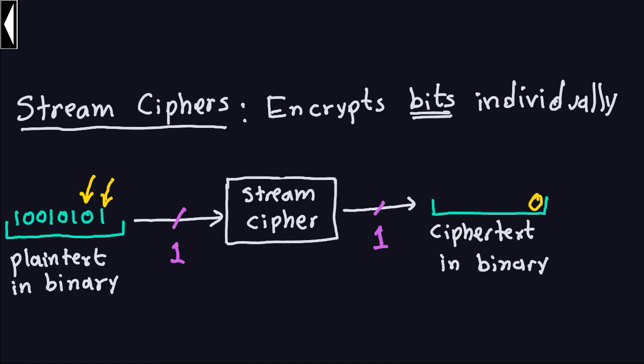Imagine the first one already went through the stream cipher, so I'm going to erase it, and it's not there anymore. Now it takes the second bit, counting from right to left. It goes through the cipher, so there's a 0. The stream cipher will either keep it a 0 or change it into a 1. Let's say, in this case, I'm going to change it into a 1.